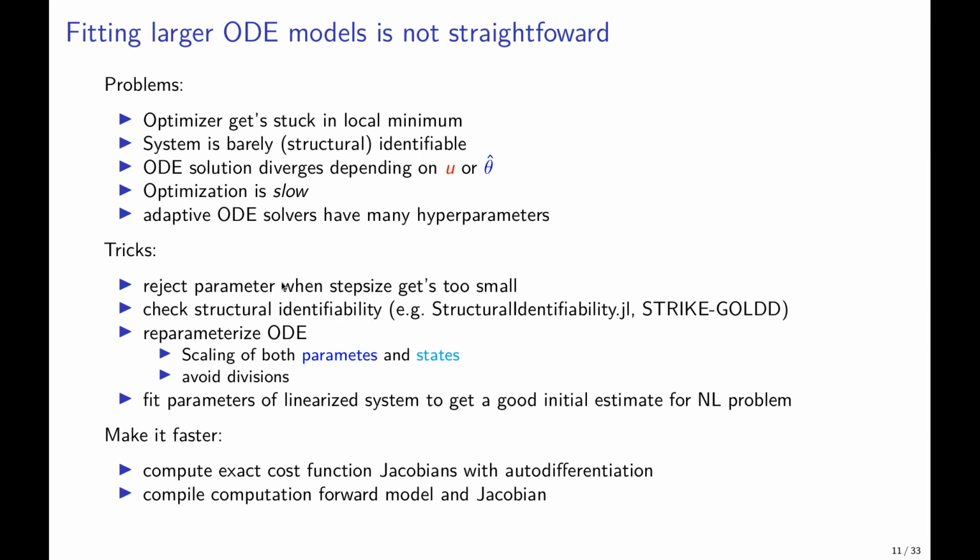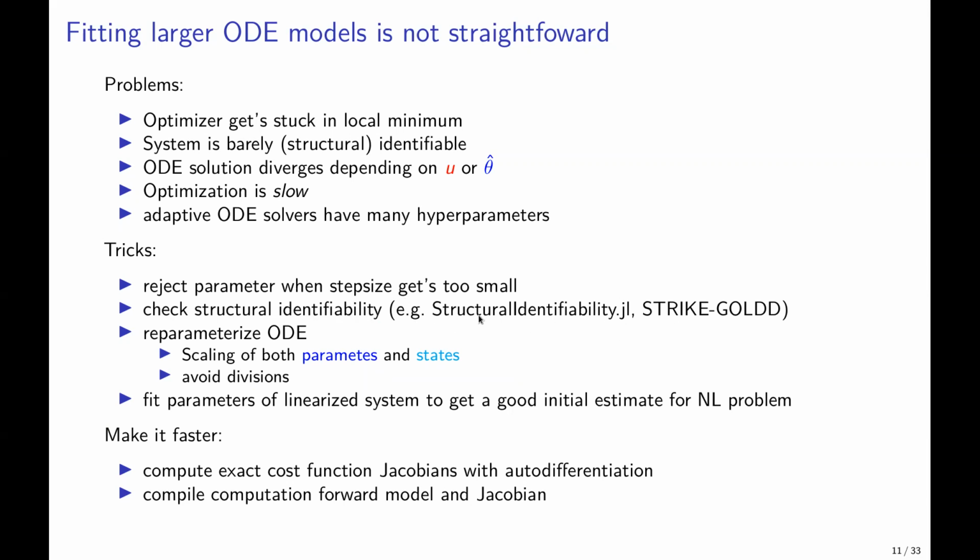So, for example, when your ODE turns into a very stiff ODE, which means it needs very, very small time steps, you can just say after some time, I reject this parameter set, and then the optimizer just tries another parameter estimate. Structural identifiability, you can check.